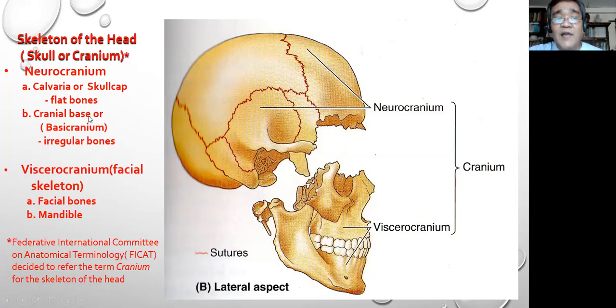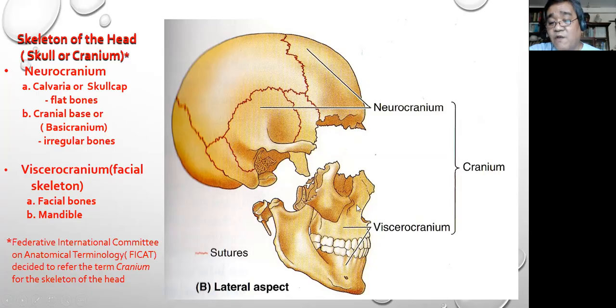The other part of the cranium is your viscerocranium, which can be found on the anterior aspect of the head. And the majority of it is actually made up of your facial bones, like your maxilla, your zygomatic bone, the frontal bone, the nasal bone, the lacrimal bone, and also the mandible.